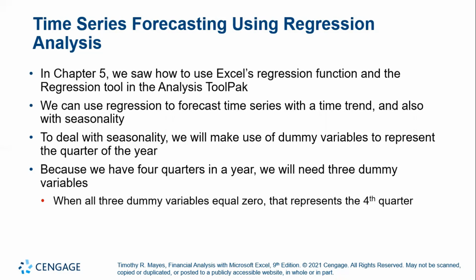To deal with the seasonality, we will make use of dummy variables to represent the quarter of the year. Because we have 4 quarters in a year, we will need 3 dummy variables. When all 3 dummy variables equal 0, that represents the 4th quarter.